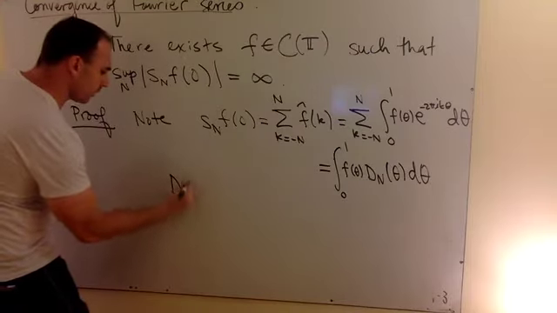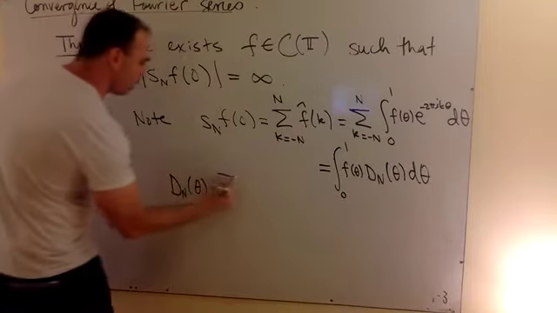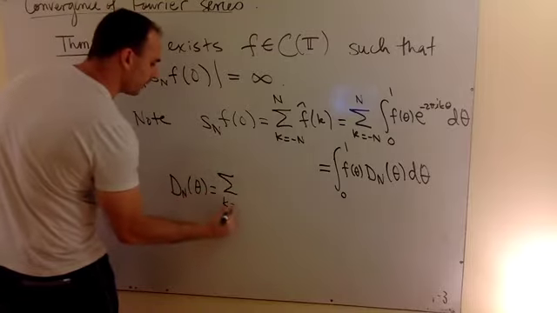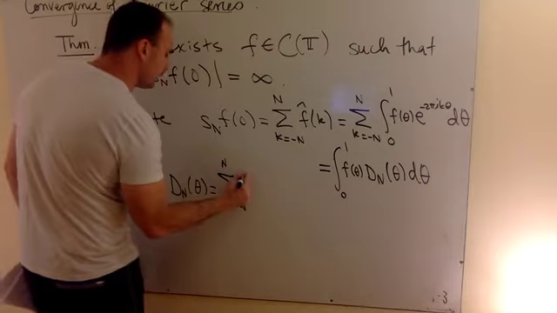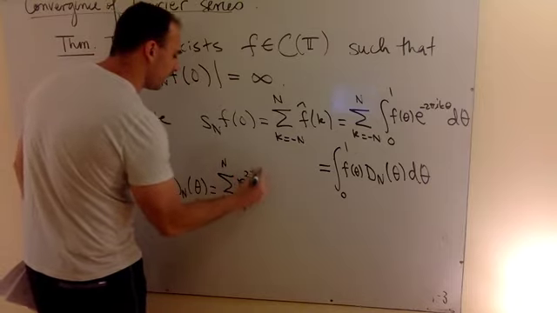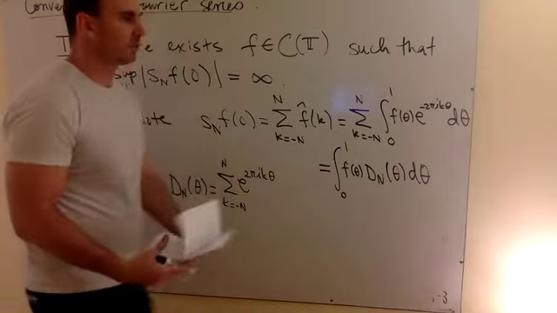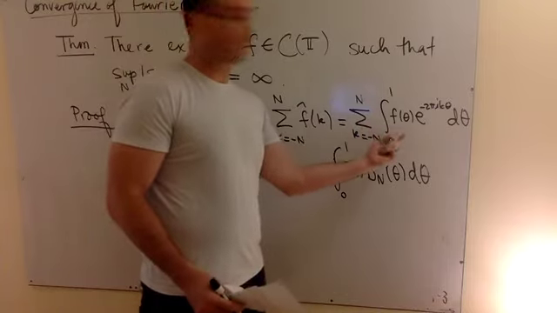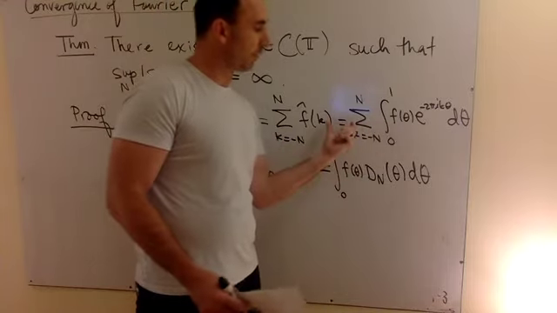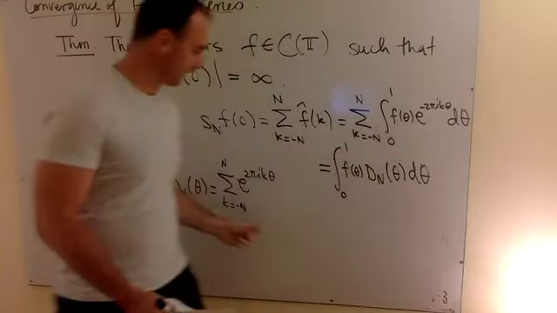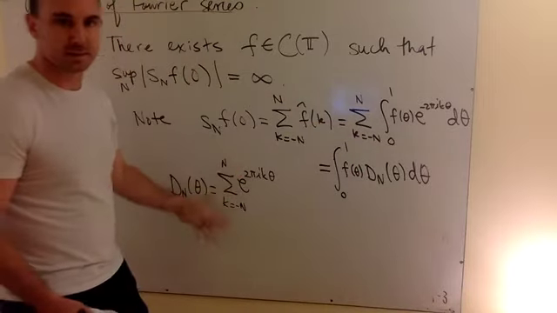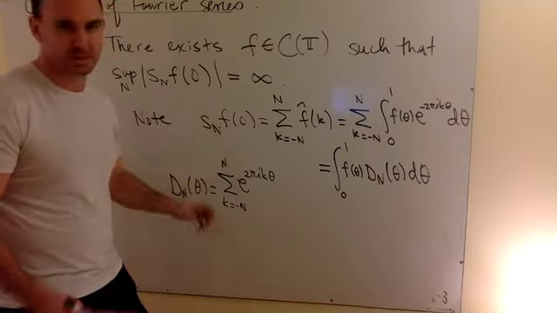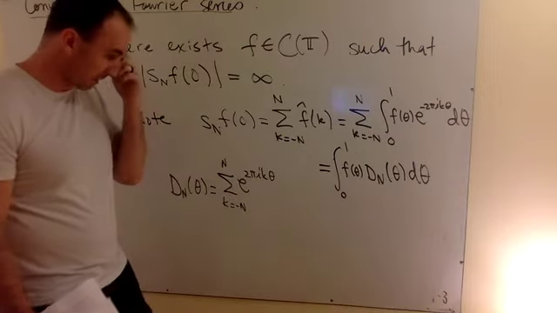The Dirichlet kernel, recall, is the sum from minus n to n of e to the negative 2 pi i k theta. And if you look, pull the f and the integral out all the way, and you get this exact sum, except for the minus sign, but I can put a minus here because I can reverse the order of summation to get this.